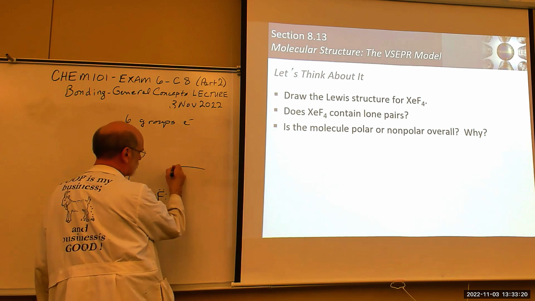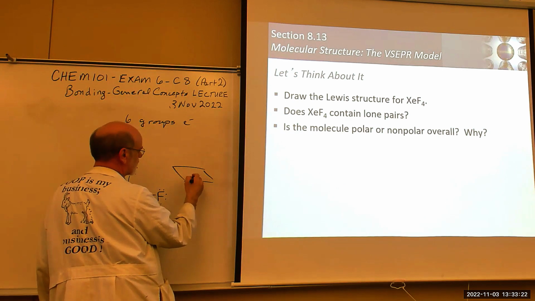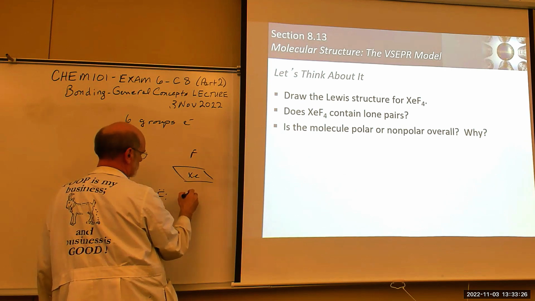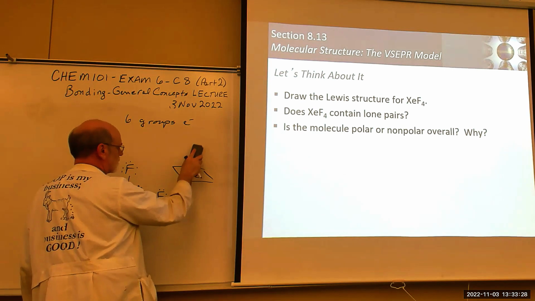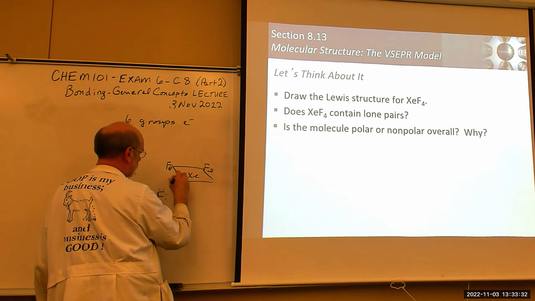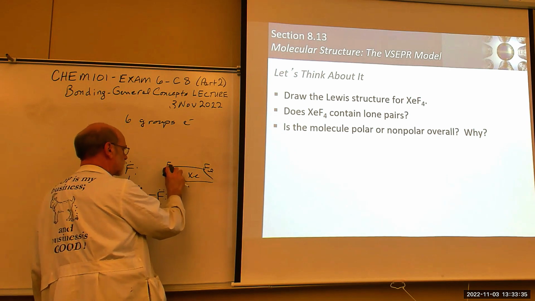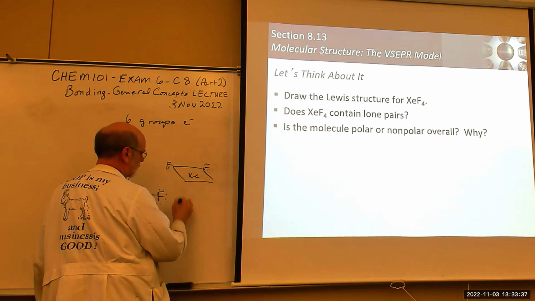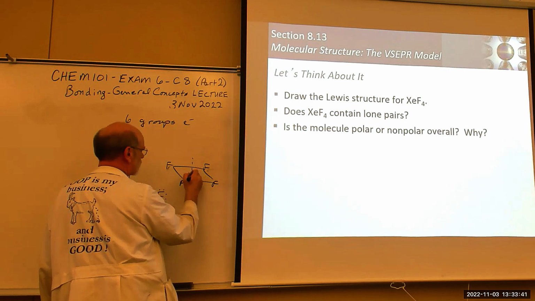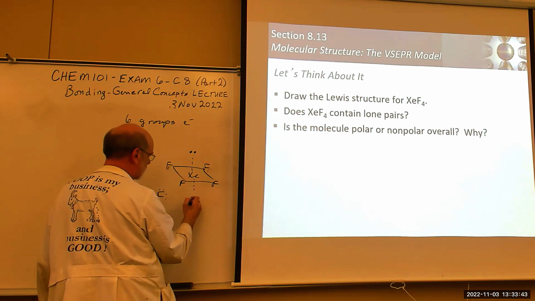We draw a square in the middle with xenon, with the fluorines here and the lone pairs like that.